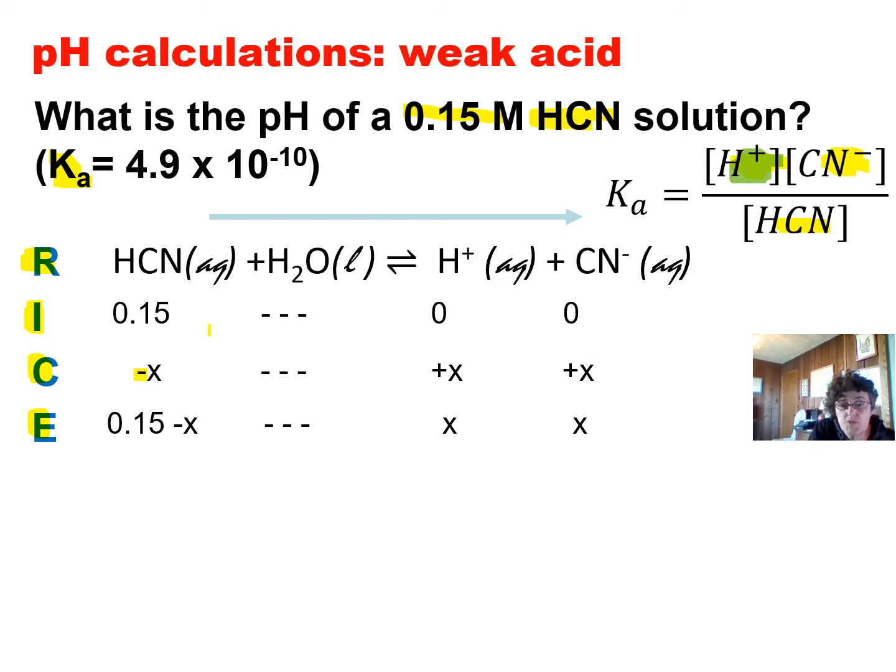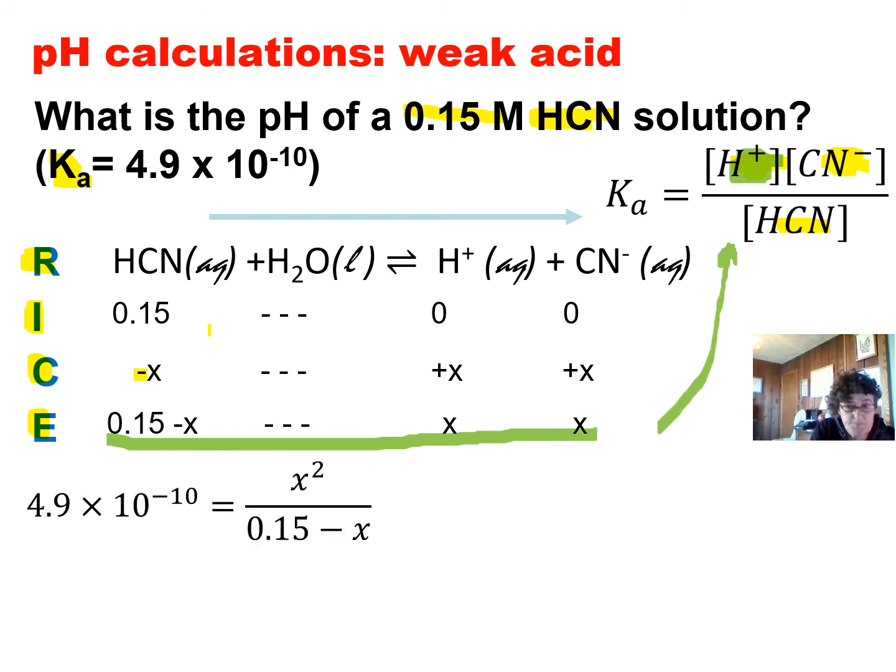So what I can do next is substitute the values at equilibrium. These are the values that are relevant, and I'm going to plug them in here. This is the given value, 4.9 times 10 to the minus 10. On top I have X times X, so X squared, and at the bottom I have 0.15 minus X.